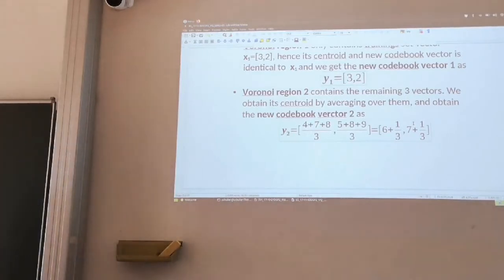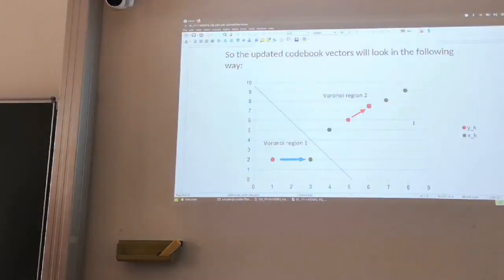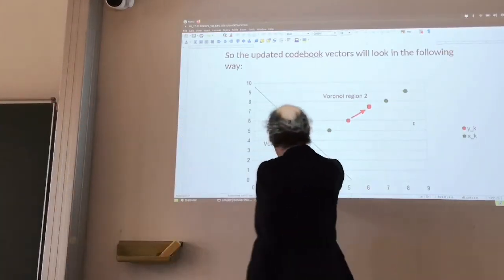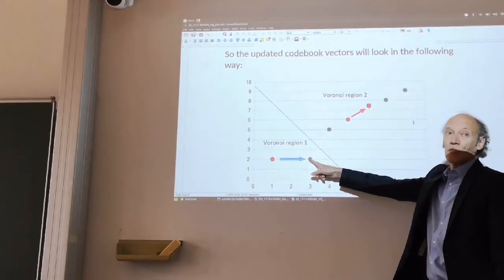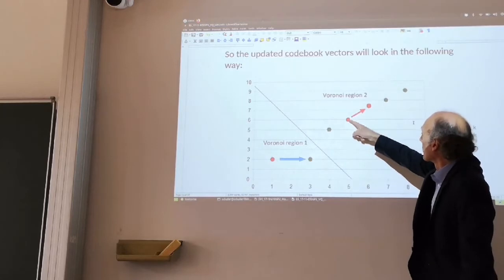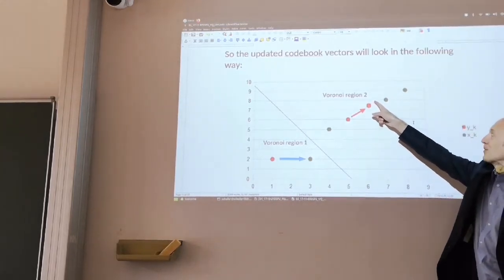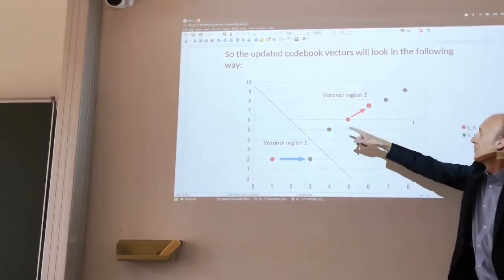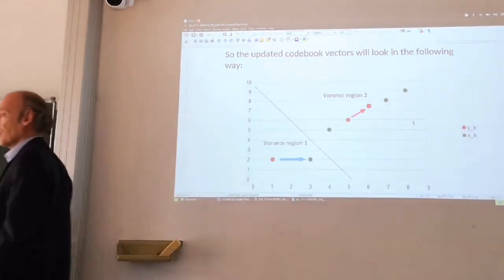So this is the mean, codebook vector 2. So the updated codebook vectors will look like this. We move the old codebook vector to the location of this training set vector, and we move this location from here to here. So pretty much like we estimated. So now this is the centroid of those three points, the average of those three points.